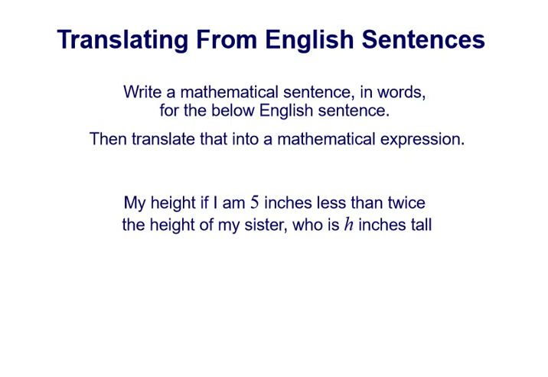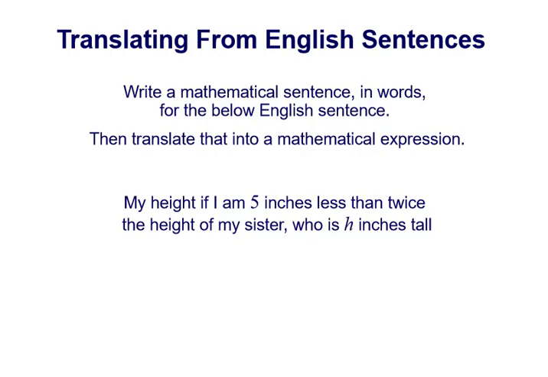Let's look at one more example. Here we have my height if I am 5 inches less than twice the height of my sister, who is 8 inches tall. Again, this is an example where more than one operation is taking place, and we really should look at the sentence as a whole and then break it down into the different parts.